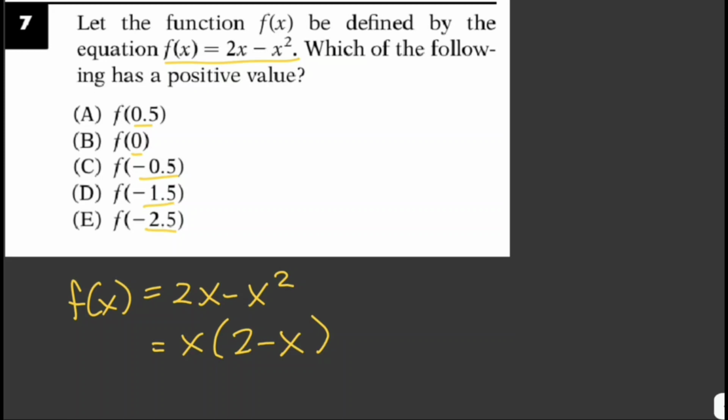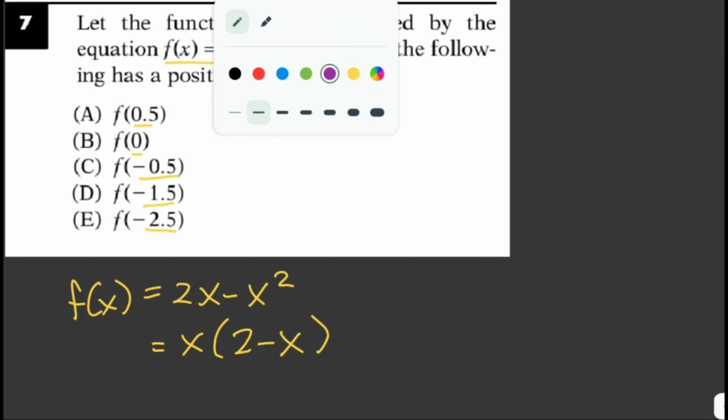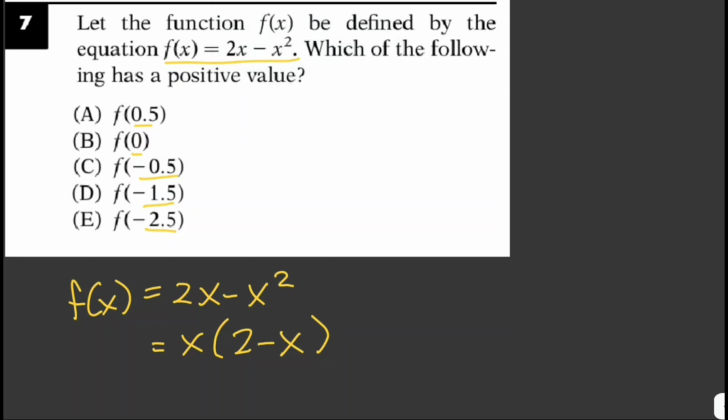Then we can use the brute force method to simply evaluate the function for each of the input values until we get a positive result. So we have the factors x and 2 minus x, then x times 2 minus x.